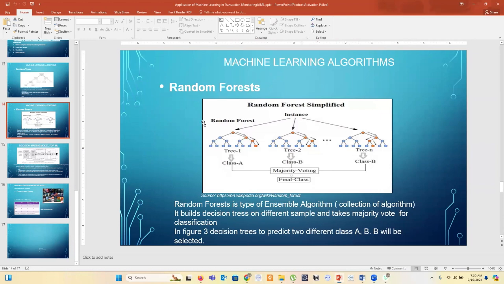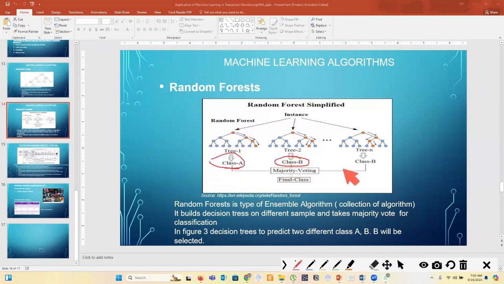So this algorithm has predicted class A, this algorithm has predicted class A, and this algorithm has predicted class B. And ultimately there will be voting.